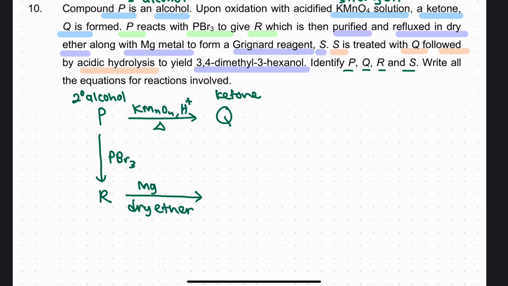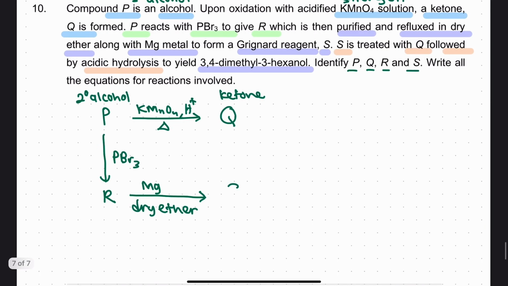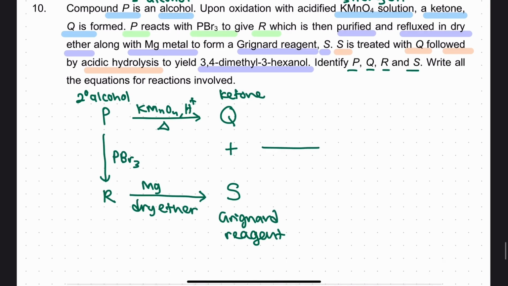That would give us the Grignard reagent S. And finally, we have the next step whereby ketone Q and the Grignard reagent react to produce 3,4-dimethyl-3-hexanol. This is what is given in the question.